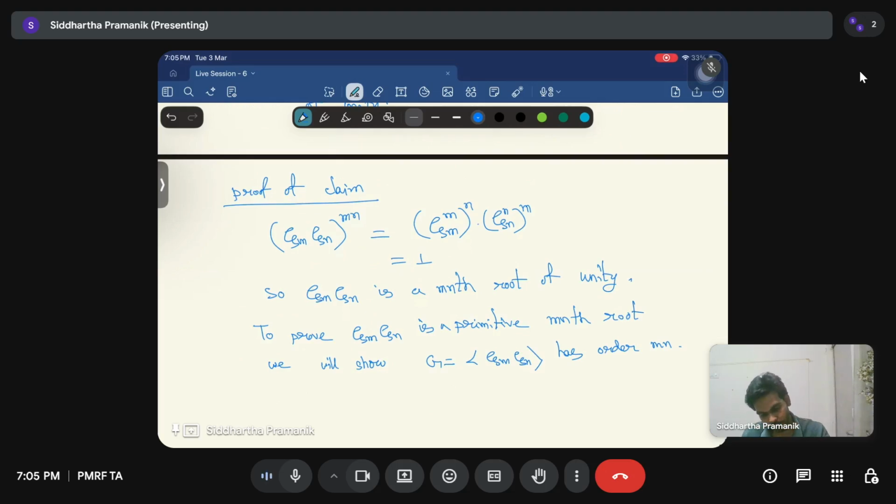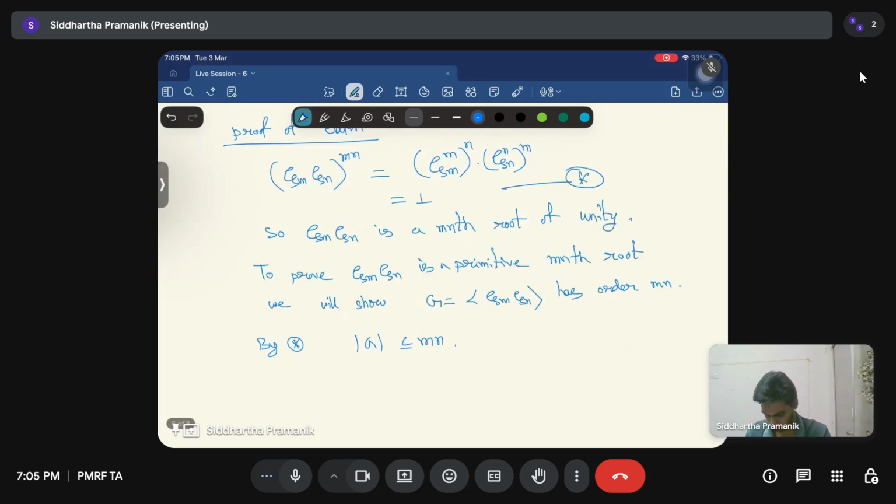So we already know, by star, the cardinality of G is less than or equal to mn. But we need to prove its cardinality is exactly mn.